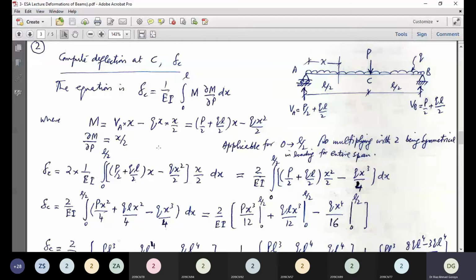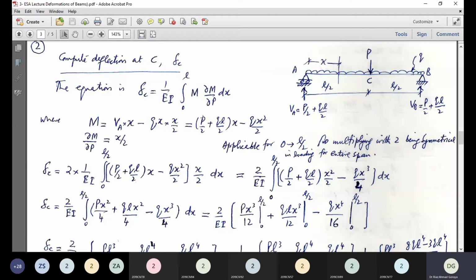जी, आगे चलते हैं. So this is the moment expression M. Now, because we have to compute the deflection corresponding to load P, so we will take the partial derivative of this M with respect to P. Now we will consider the term, this will be P only, this first term because that is only P is here.